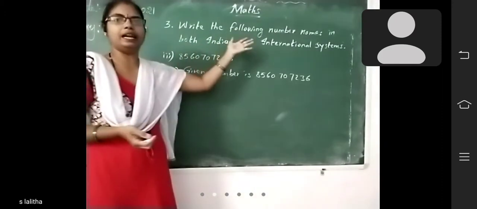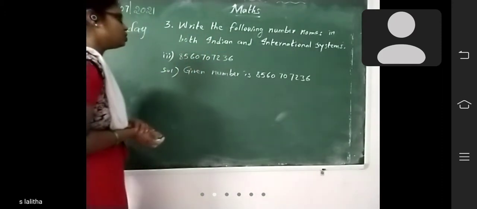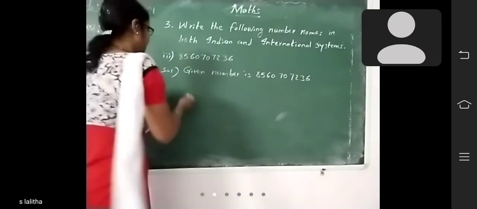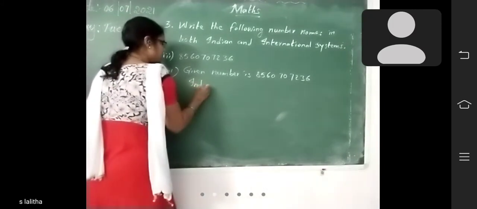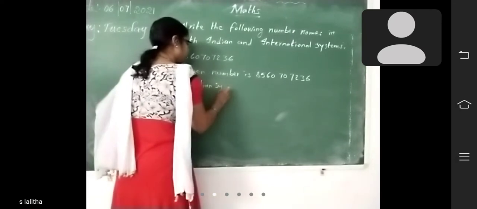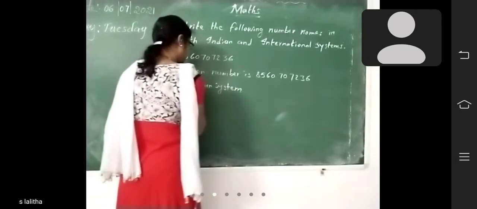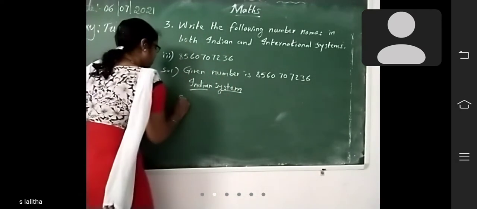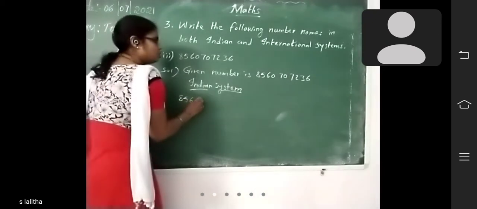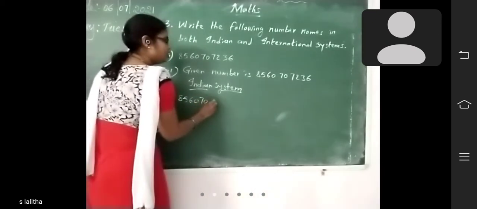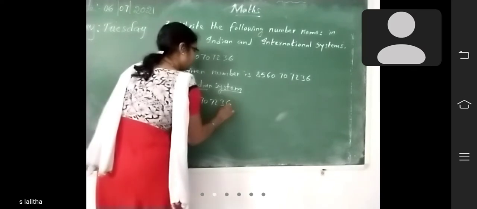Now you should write that number name in both Indian and international systems. First you should write in the Indian system. Write that number 8560707236.